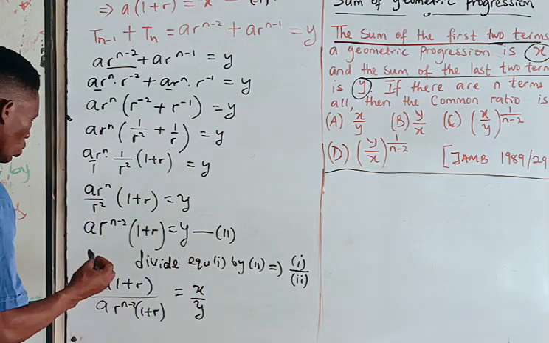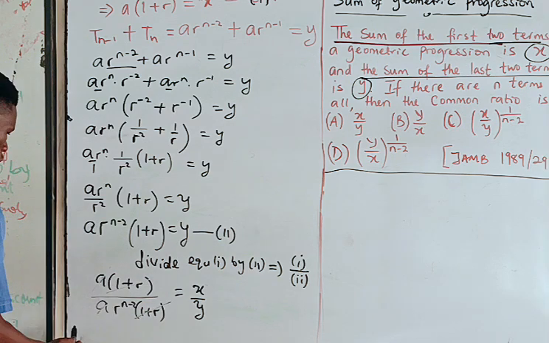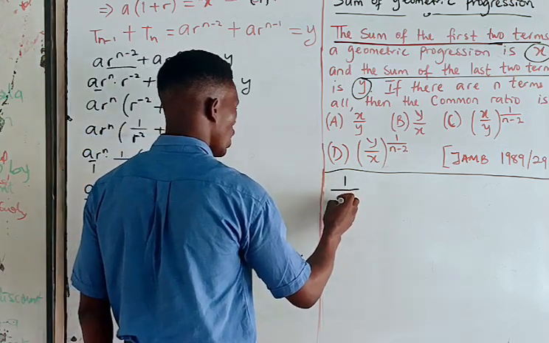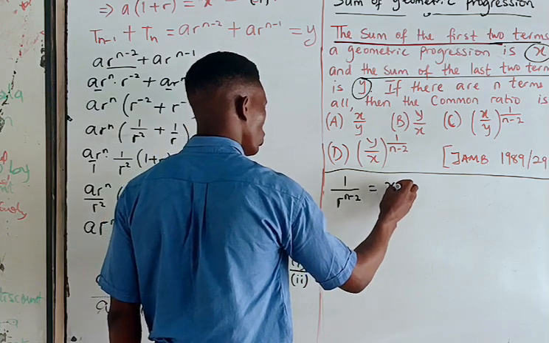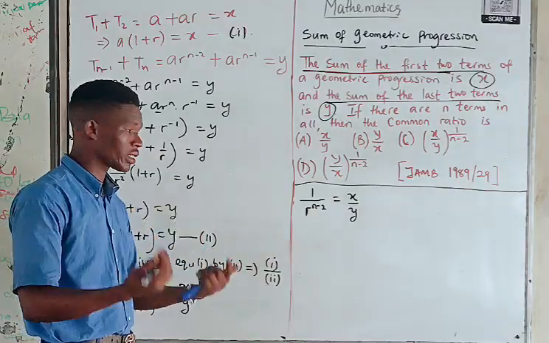What we observe is that this cancels this, and A cancels A. So we are left with 1 over R^(n-2) equals X over Y. Then we can take the reciprocal of both sides.